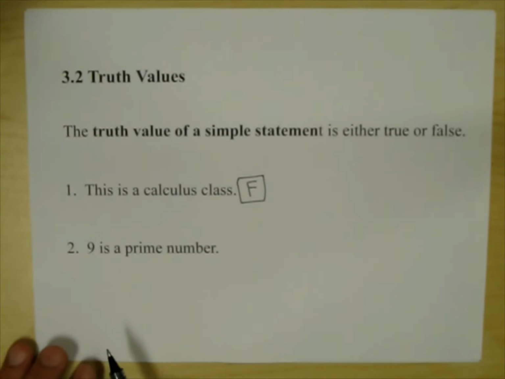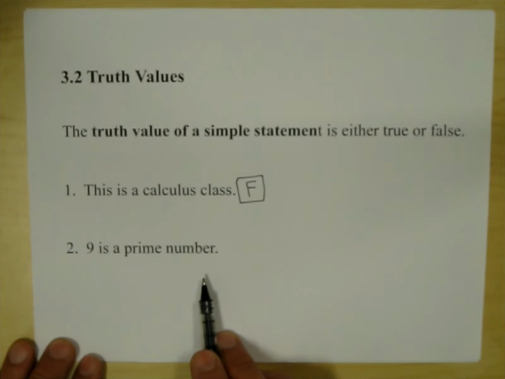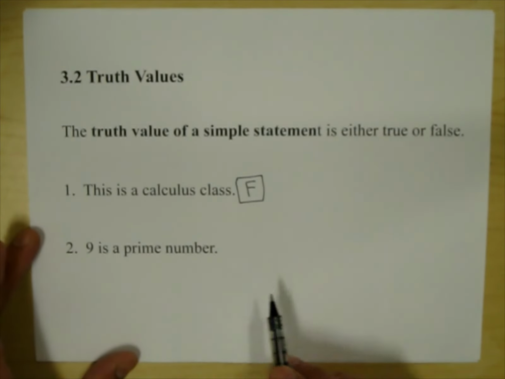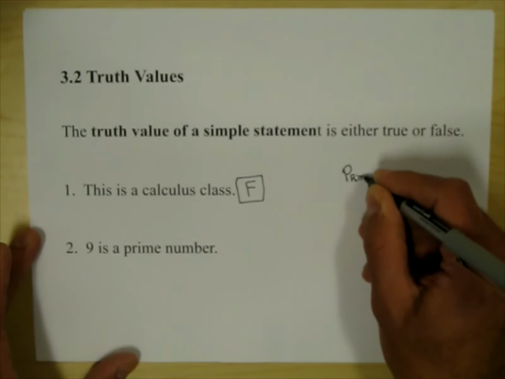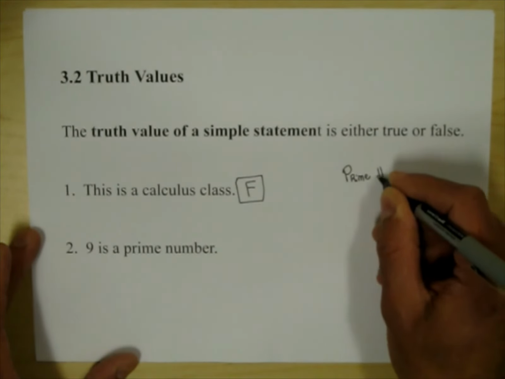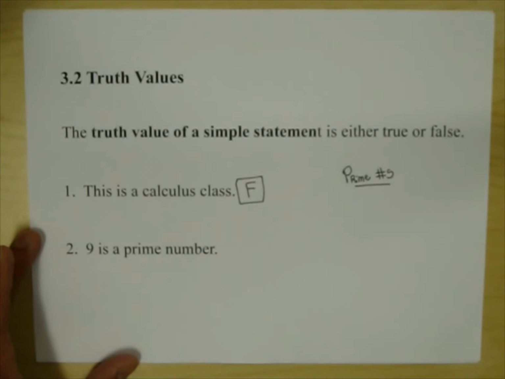Okay, our next statement, 9 is a prime number. 9 is a prime number. True or false? Okay, so we have to know what prime numbers are. Prime numbers are numbers that have exactly 2 divisors.